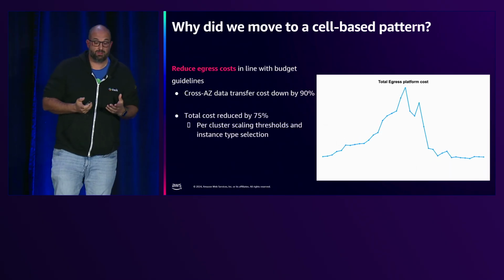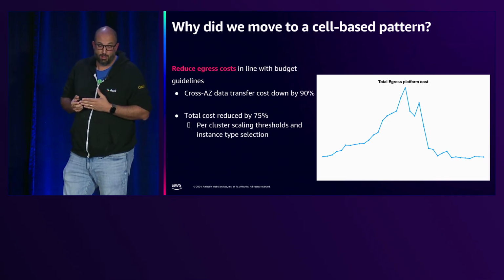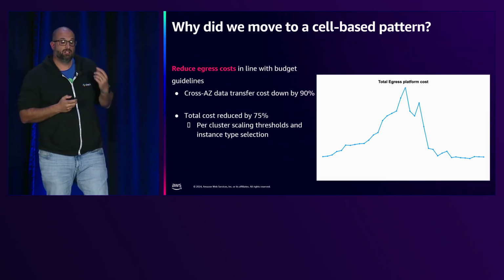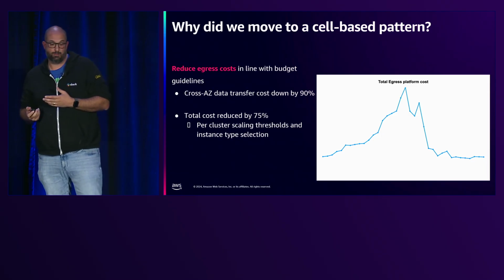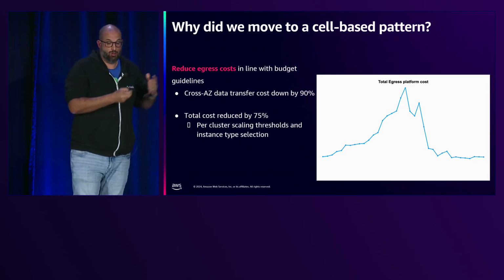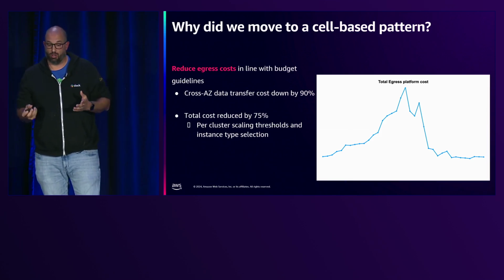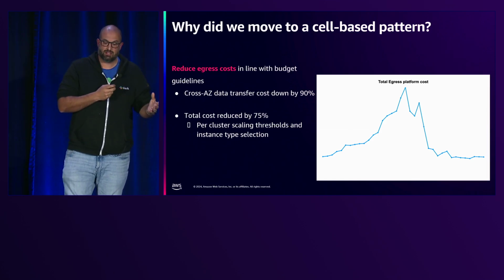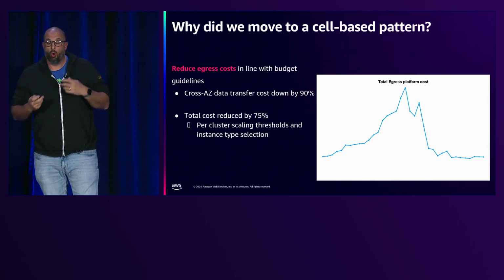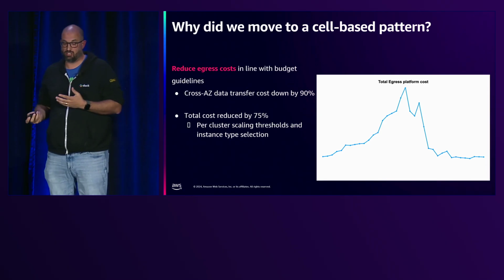From a total cost perspective, we've managed to drop the total cost of the egress platform by 75% with the introduction of per cluster scaling thresholds and instance types. If you remember very early on into the multi-cluster environment world, all our clusters were identical, which meant we weren't able to tailor each cluster with the right instance type or the right scaling policies to match the traffic profile of each cluster.